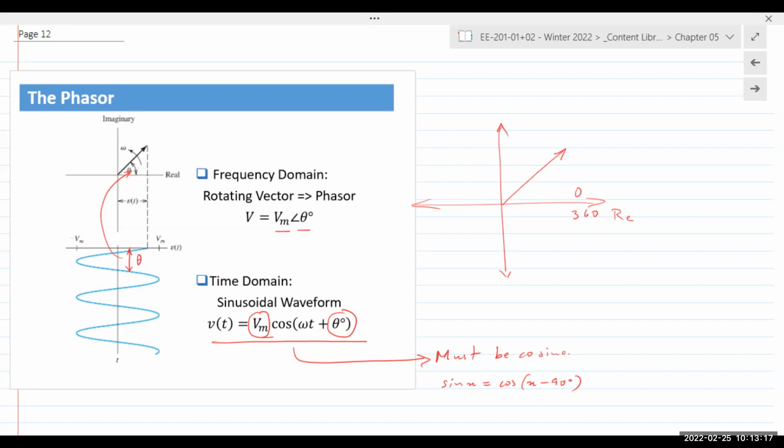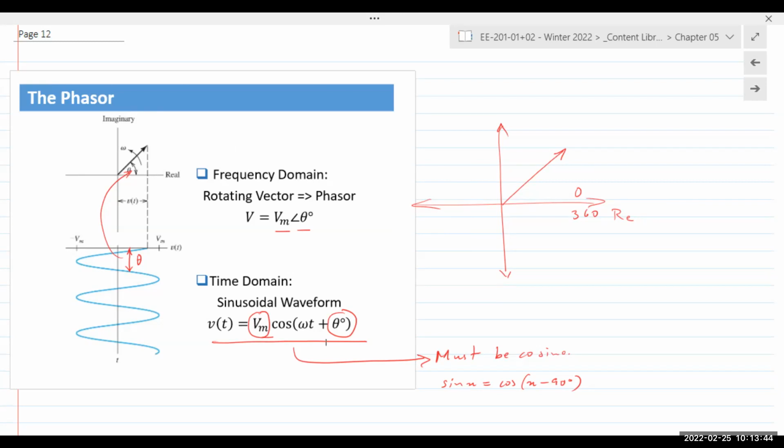One other important thing was that we have to have the expression in cosine format in order to write the phasor directly. If it is in sine format, then you subtract 90 degrees from the phase angle. So if it was given to you as sine omega t plus 50, it would become cos of omega t plus 50 minus 90.